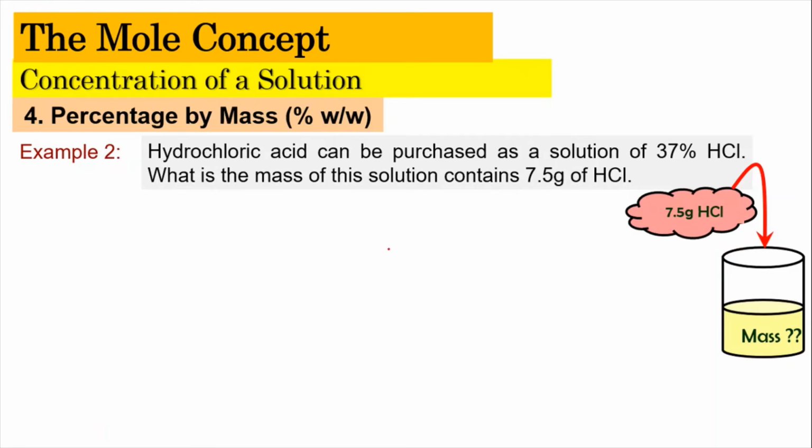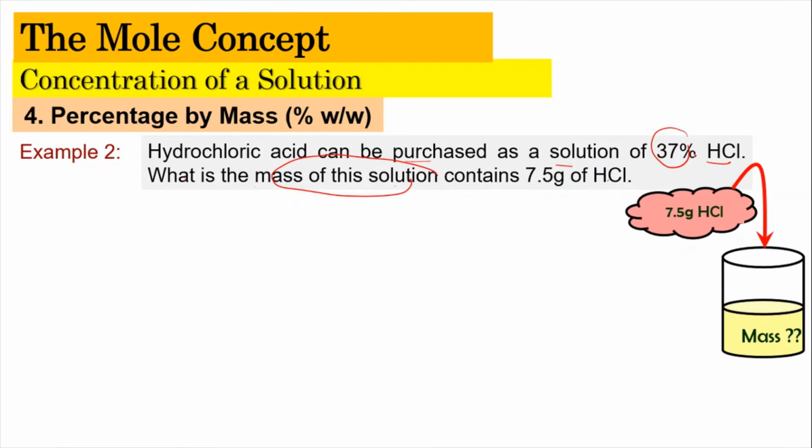Now we move on to the next question. Example 2 says that hydrochloric acid can be purchased as a solution of 37% HCl. What is the mass of the solution that contains 7.5 gram of HCl? The diagram is shown here, and we need to find the mass of this solution.